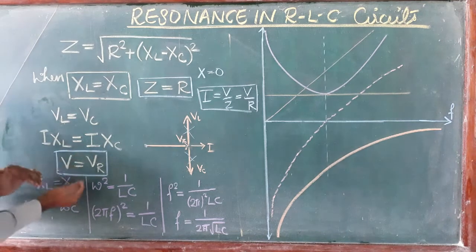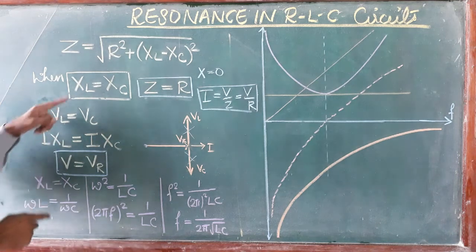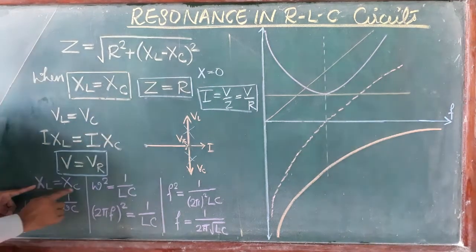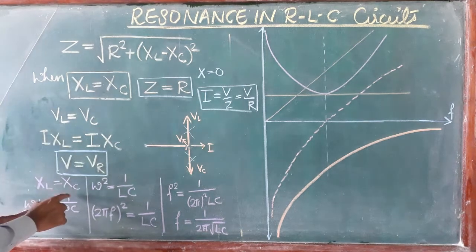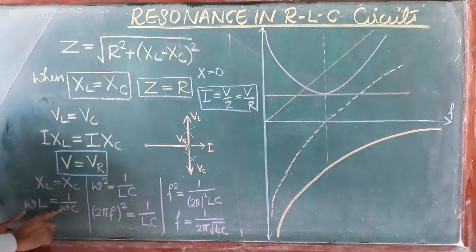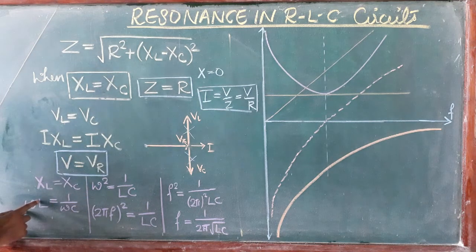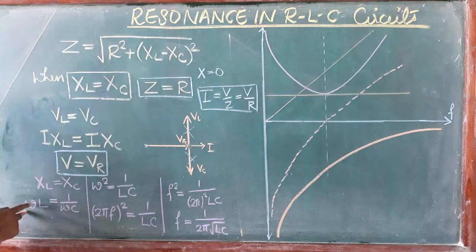Next, using the same condition XL equal to XC, we can find out at what frequency this becomes equal. XL equals omega L, or 2 pi f L, and XC equals 1 by omega C, or 1 by 2 pi f C. Taking omega to one side, L goes to the right-hand side denominator, and omega in the denominator goes to the left-hand side numerator.